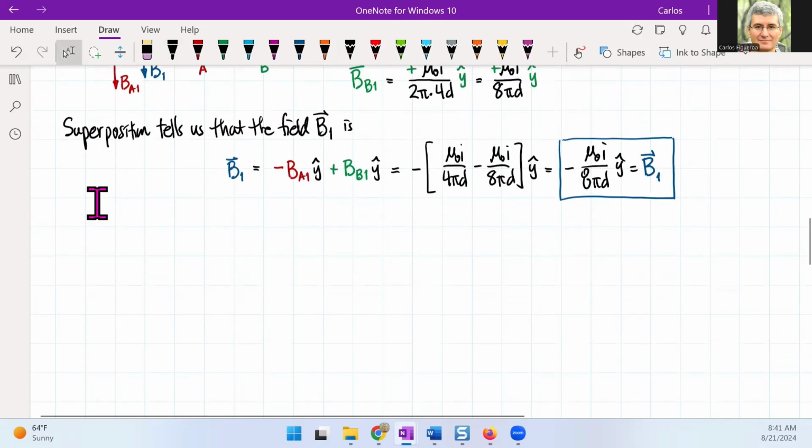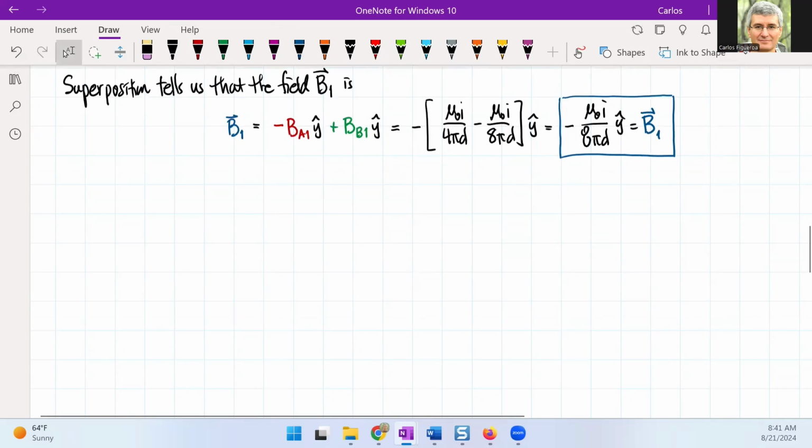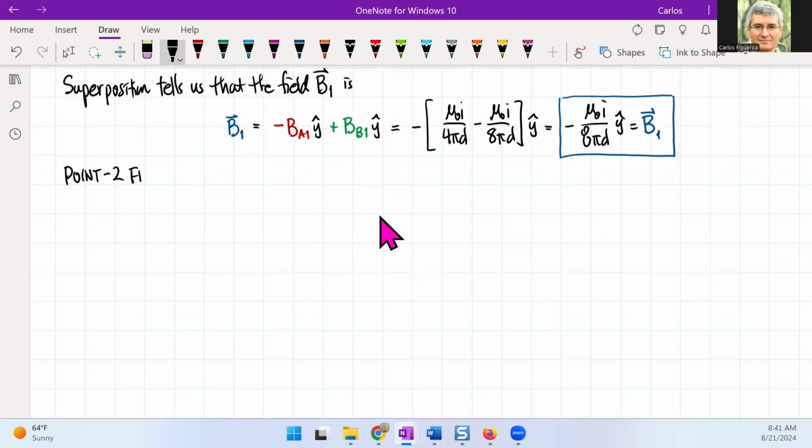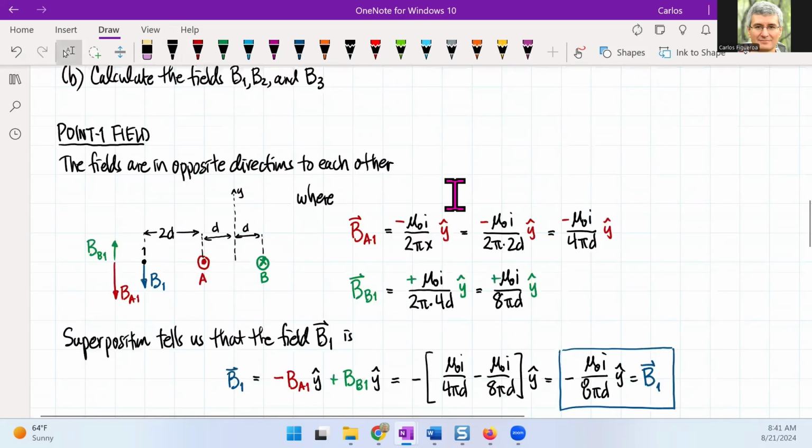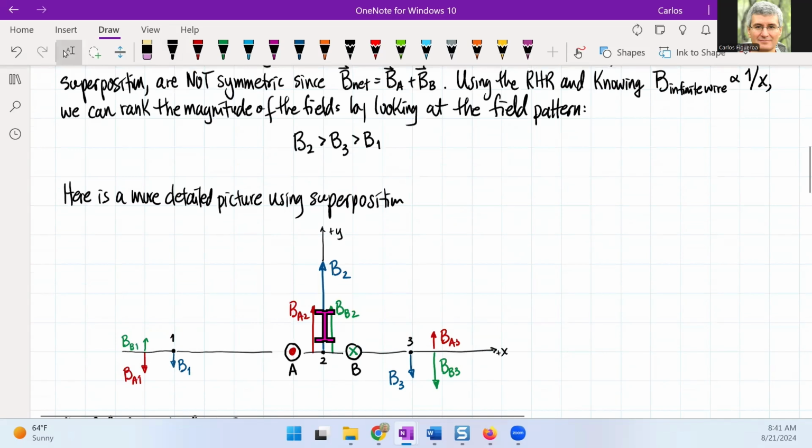So let's go to field 2. This is the point 2 field. As before, we see from the overall field that these field lines are pointing in the same direction. In fact, I don't know why I just didn't do that.